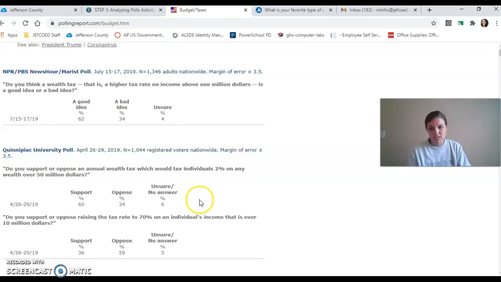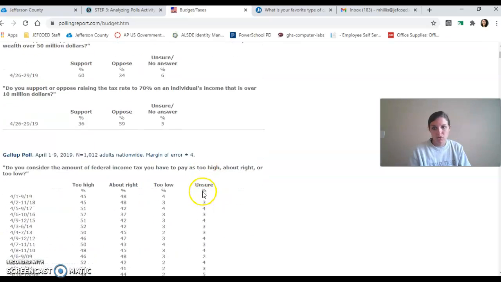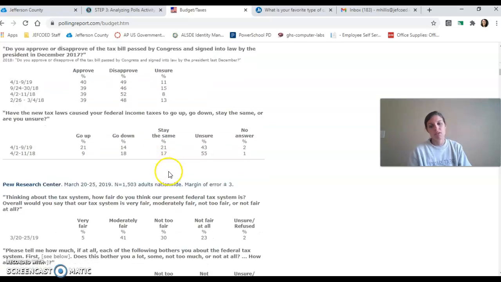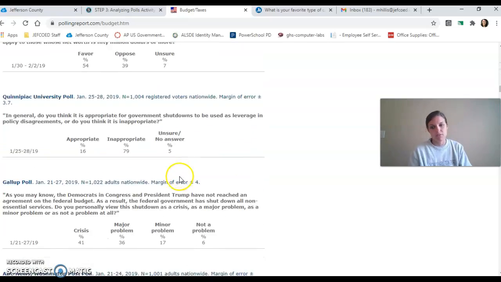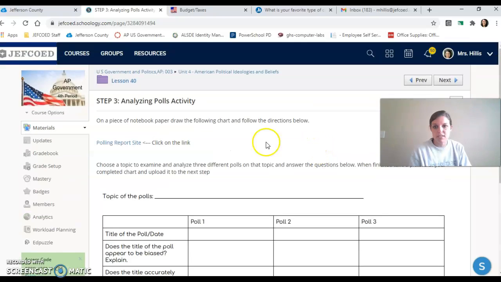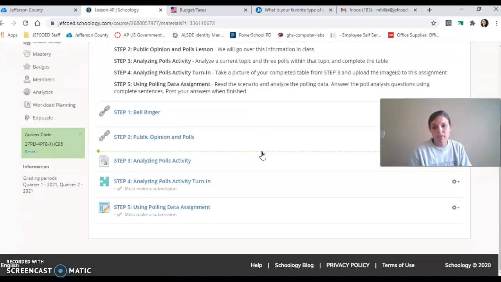You just scroll down to either the next poll following it, or you can continue to one that you find more interesting. Okay, so there's quite a few different polls here on that particular topic. So you're just going to pick a topic, look at 3 polls that are listed under that topic, and explain the answers that you came up with. Once you're done with that, you'll take a picture of it and you'll submit it here.